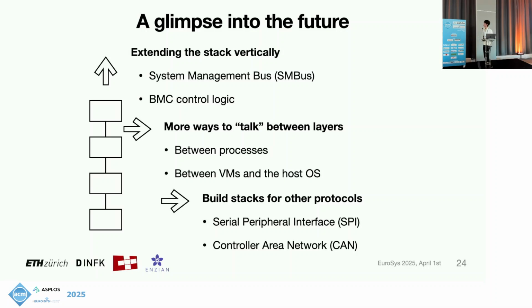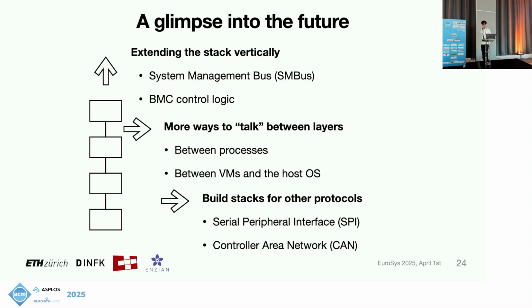And a glimpse into the future. One way to go is to extend this stack vertically. For example, onto SMBus, a protocol built on top of I2C. Or we can even reach further into the BMC control logic, like a temperature feedback loop.